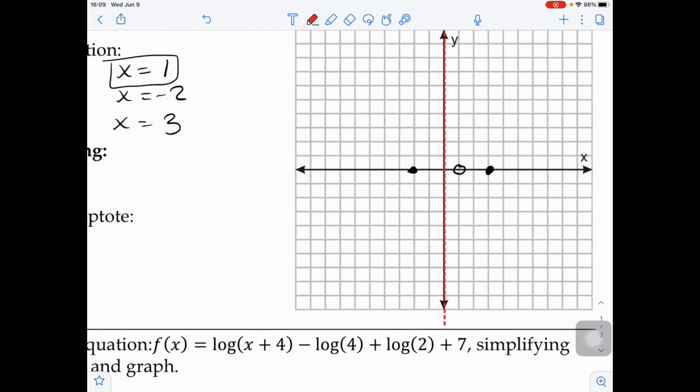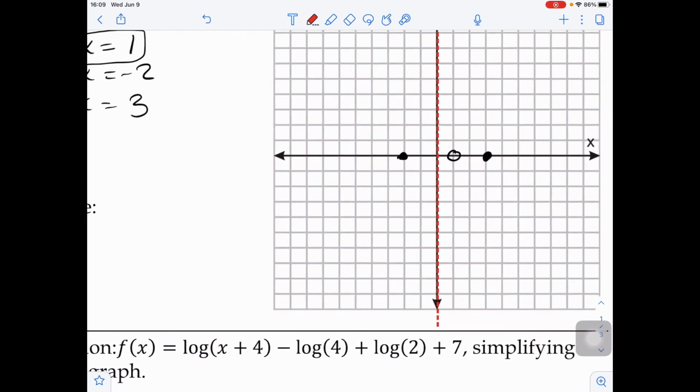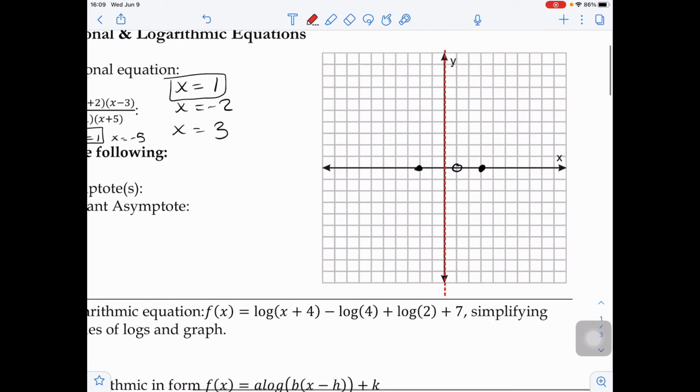And then the other asymptote is at x equals negative 5. So right here. Whoops, that's not straight. Alright, let's straighten that.